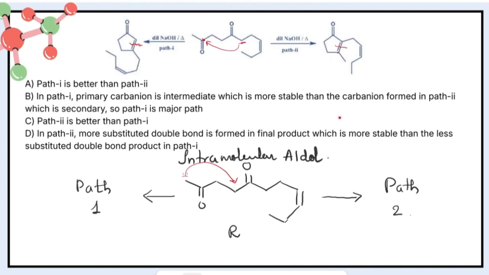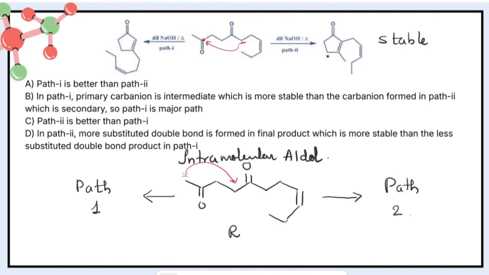Now how do we choose path 1 or path 2? It depends on the stability of the product formed. Thermodynamically, which product is stable? The product formed by path 2 is the more stable product. Why so? Because when we get an alpha beta unsaturated carbonyl compound, what is the stability of the double bond?